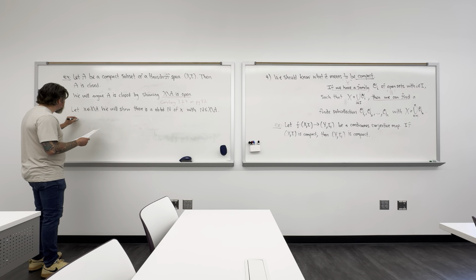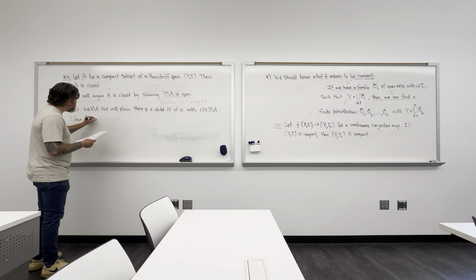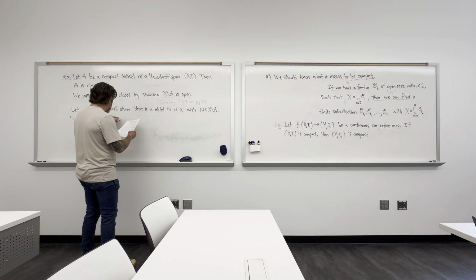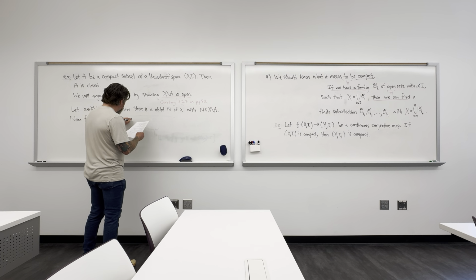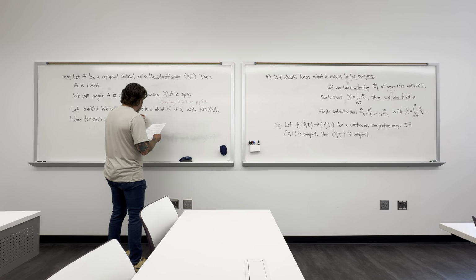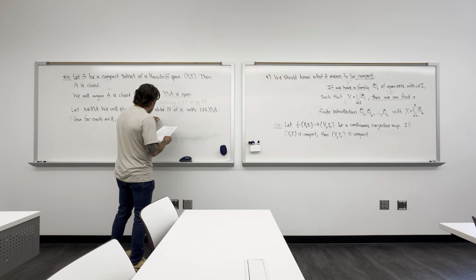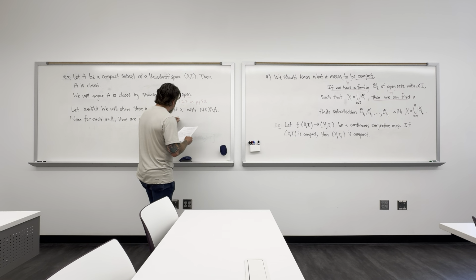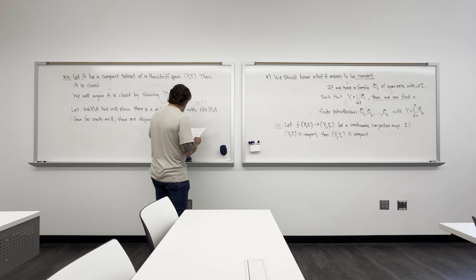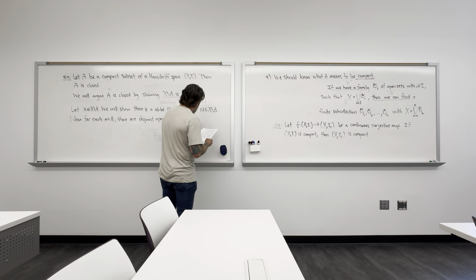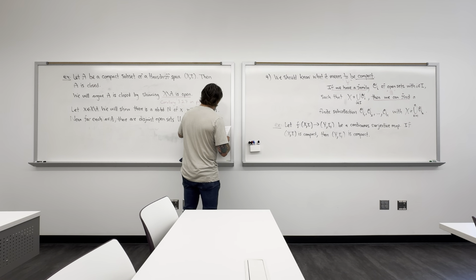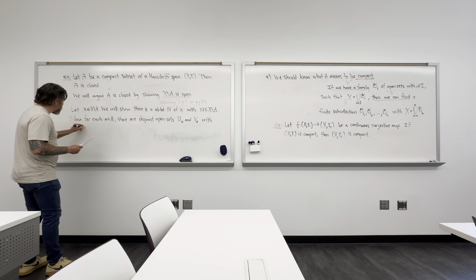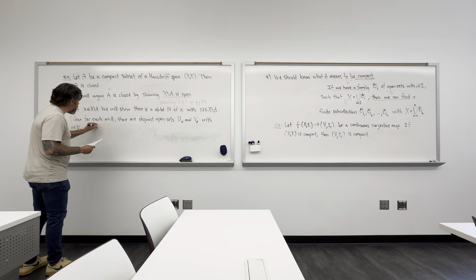Okay, so now notice, for each a in A, there are disjoint open sets, we'll call them U_a and V_a, with x in U_a and a in V_a.